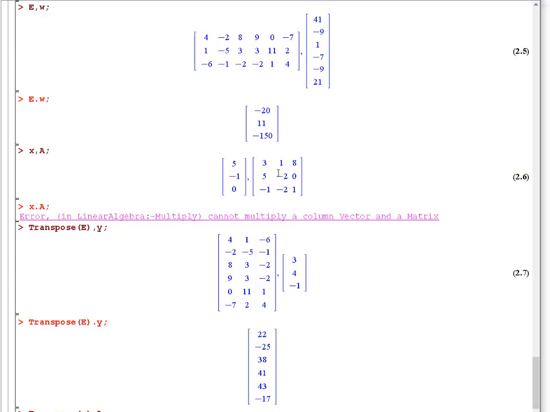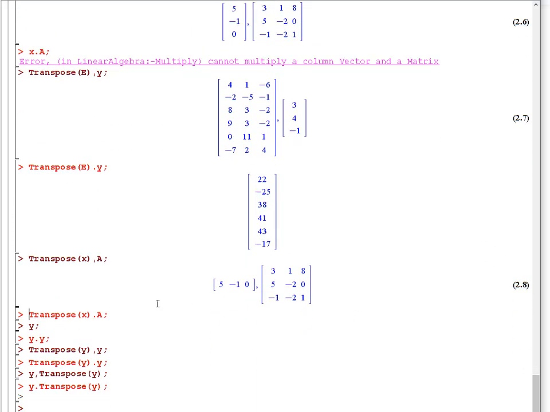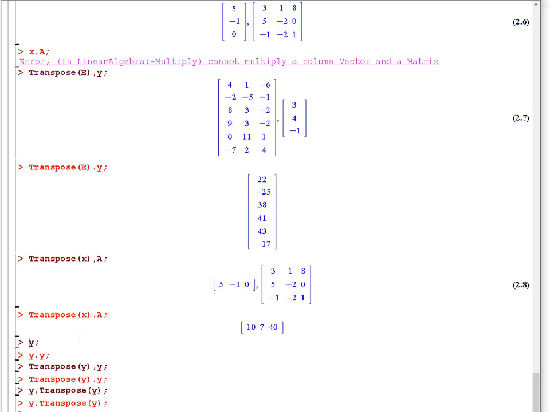So this times this, XA is not defined because the number of columns is 1 and the number of rows is 3. That's no good. But if I transpose x first, like this, then it is possible because now I have 3 columns and 3 rows. So I have this.